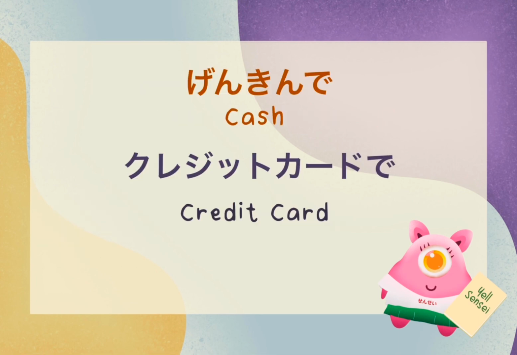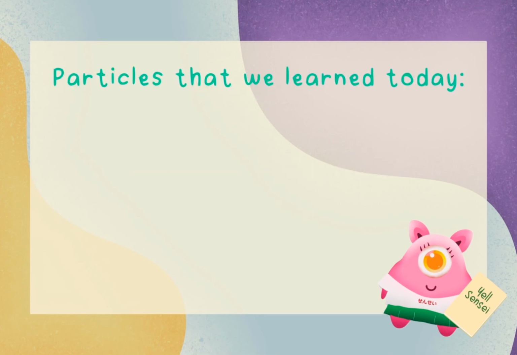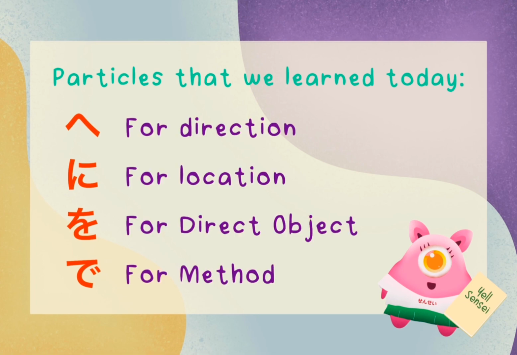To answer this, you can simply say genkin de or kureji kado de. We put the particle de at the end of the word to indicate that we're going to use this as a method of payment. To avoid confusion, here are the particles that we learned today. E for direction, ni for location, o for direct object, and de for method.